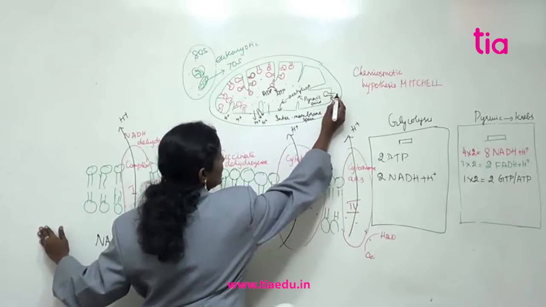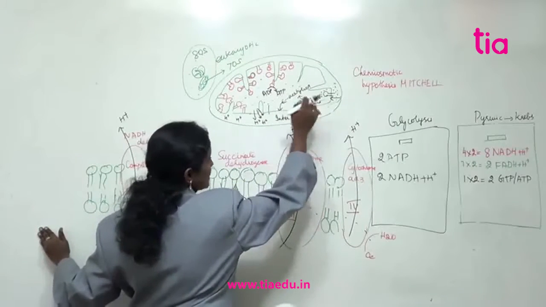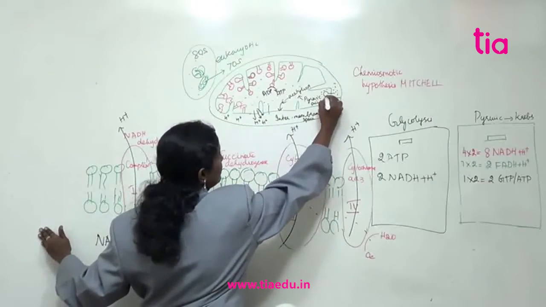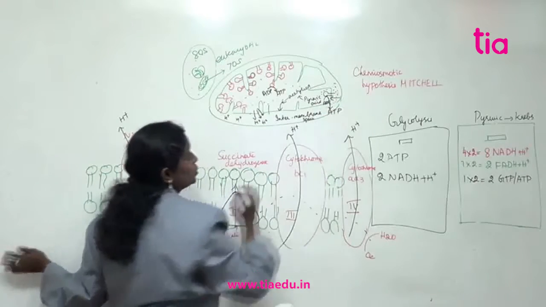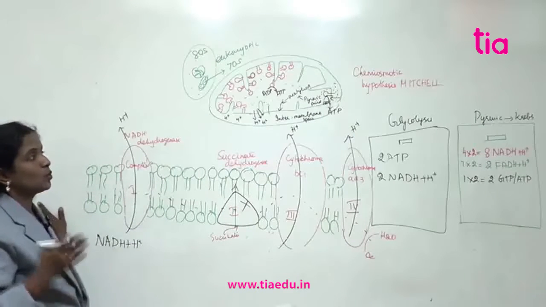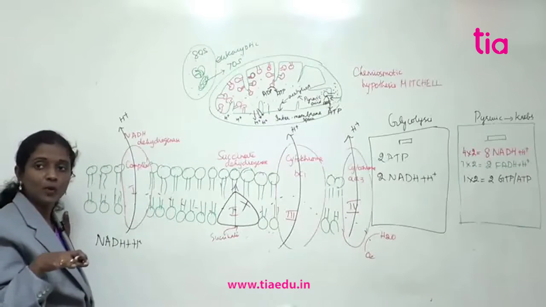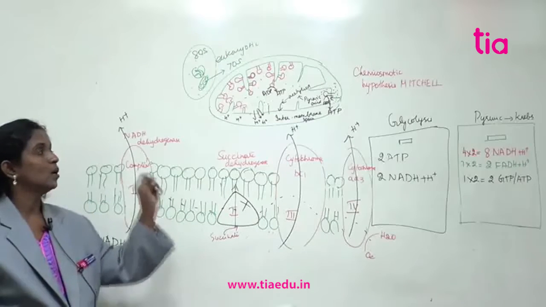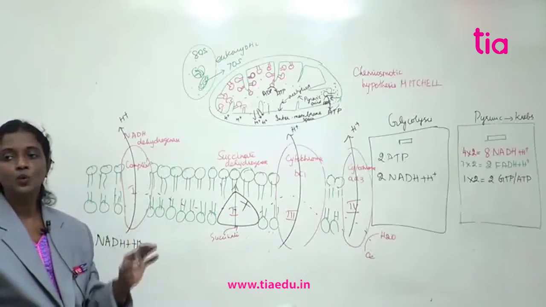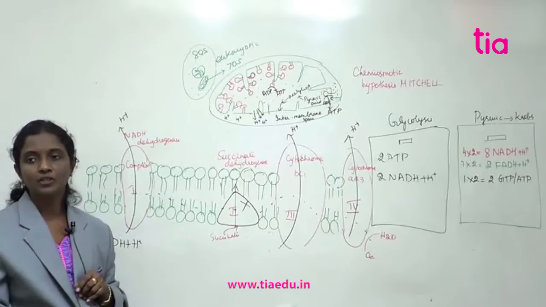It will funnel all the protons accumulated in the intermembrane space back to the mitochondrial matrix, wherein ADP will be converted to ATP. When the proton gradient is created, it is conducive enough to convert ADP to ATP. That is what Mitchell's chemiosmotic hypothesis says.